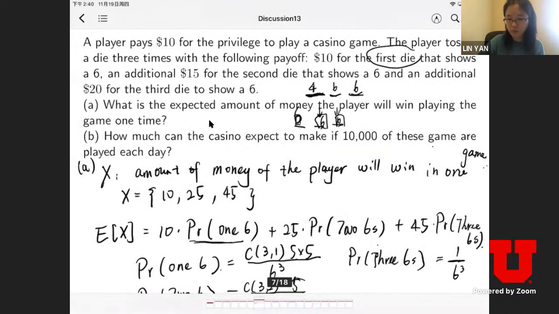So let's talk about part B. How much can the casino expect to make if 10,000 of these games are played each day?